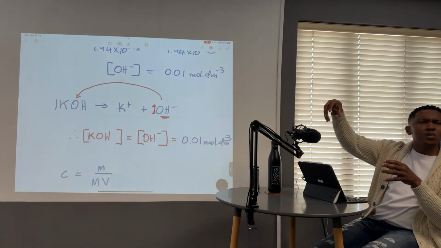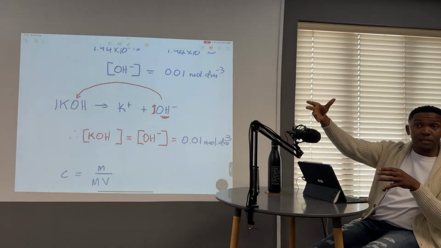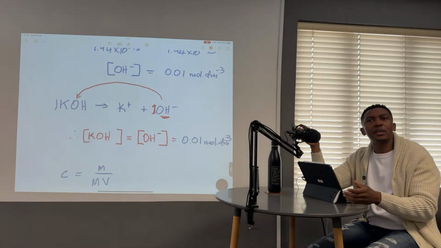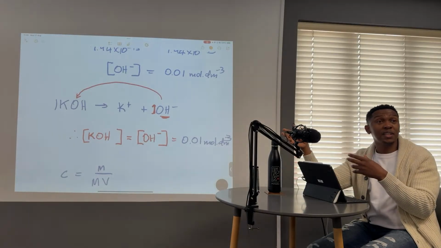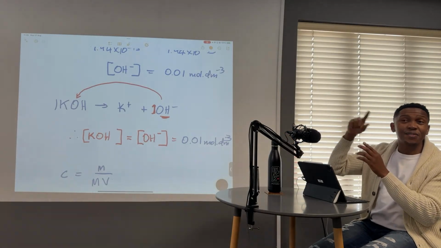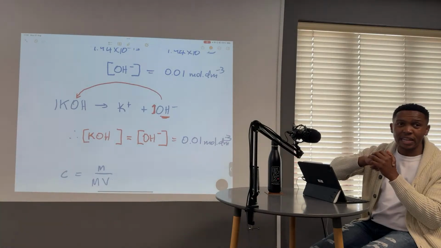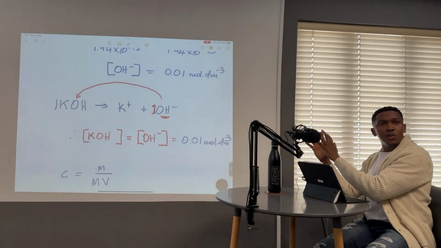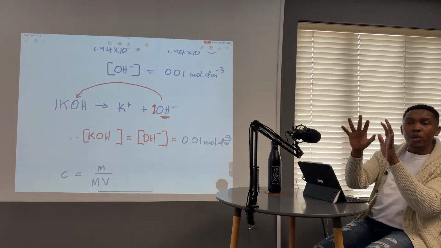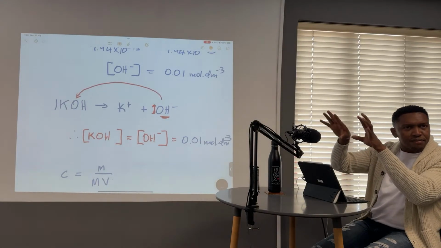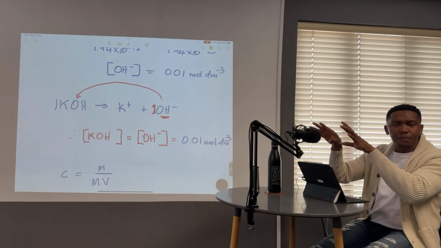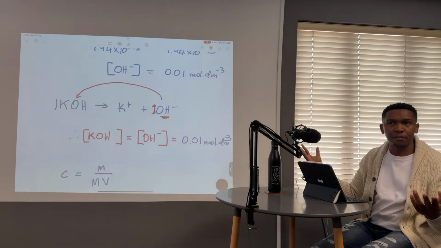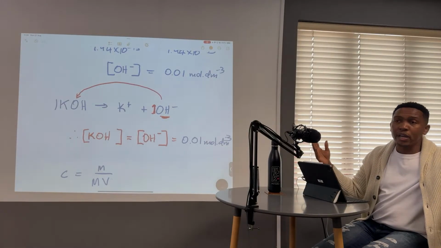But then we found out one of them was in excess, right? And what that eventually gave us was the pH of the resulting solution. I want you to think of that in reverse, and that's what we're going to be doing next. We've got the pH of a resulting solution, and we know we mixed acid and base, but we didn't know maybe the mass of one of them. So we are trying to work our way backwards.